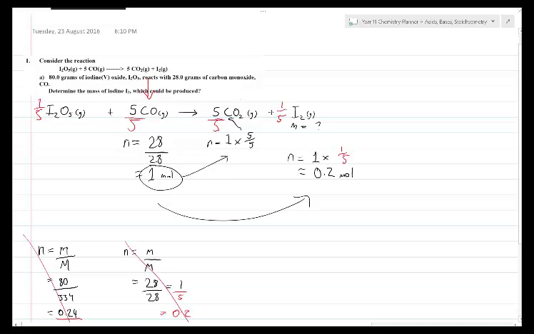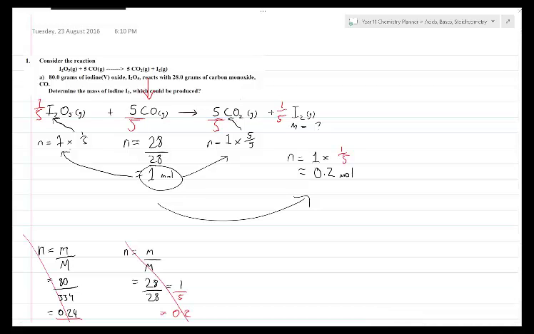If we wanted the number of moles of I2O5 that we could actually use, we just do 1 times 1 over 5. Okay, so there's our 1 over 5 there, and our 1 has come from there. Alright, so that's how you find the mole of anything.